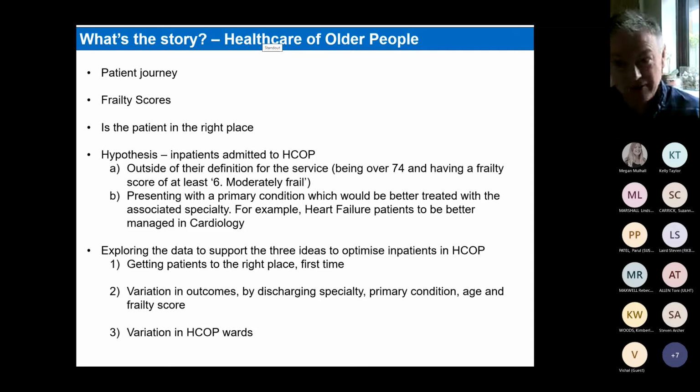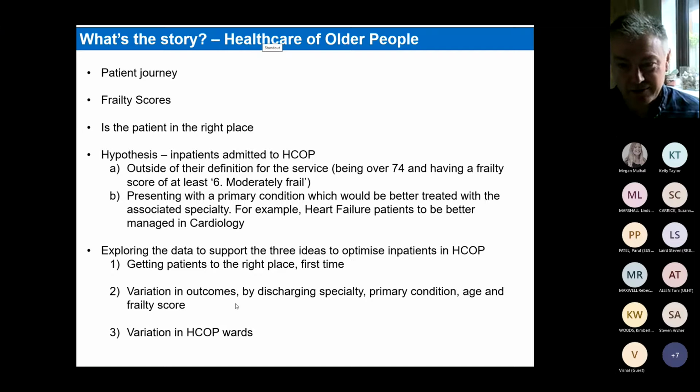So we've got heart failure, and we were able to prove that patients that come in with certain heart conditions are better off being in cardiology than in geriatric medicine. But 9 times out of 10, if they're over 74, they'll go to geriatric medicine. We're trying to get the patients in the right place first time.